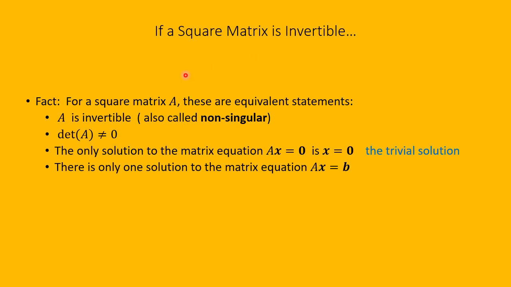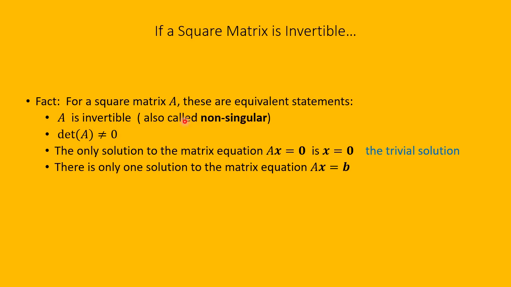Let's first talk about a square matrix that has an inverse. What can we say about such a matrix? For a square matrix, these statements are equivalent. A is invertible. That means that there is an inverse such that A times A inverse equals the identity matrix. Invertible matrices are also called non-singular matrices.